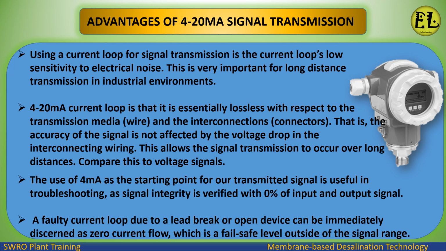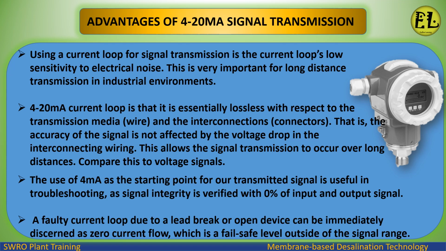Another advantage of the 4 to 20 mA current loop is that it is essentially lossless with respect to the transmission media, wire, and the interconnections, connectors. That is, the accuracy of the signal is not affected by the voltage drop in the interconnecting wiring.